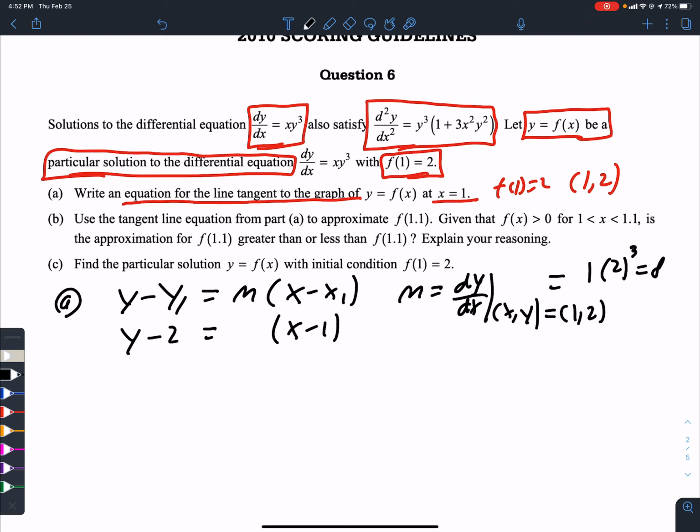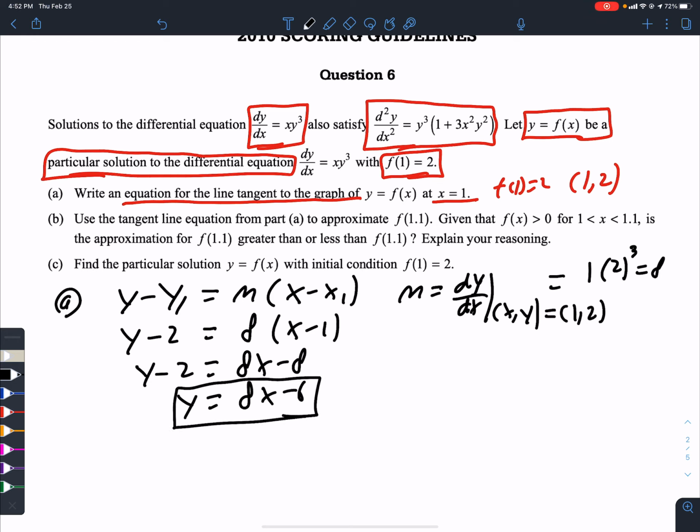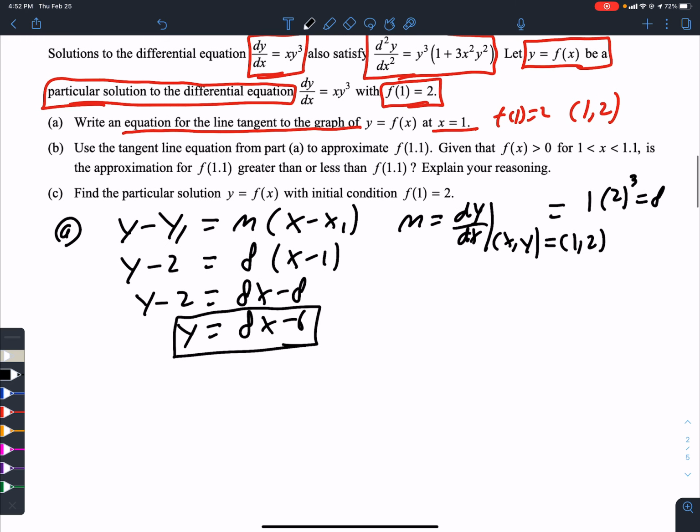So the slope is 8, and I'm going to do some fancy schmancy algebra and solve for y. Here is my tangent line equation. And they want me, in part B, let's do that next, we did part A, use the tangent line equation for part A to approximate f at 1.1.